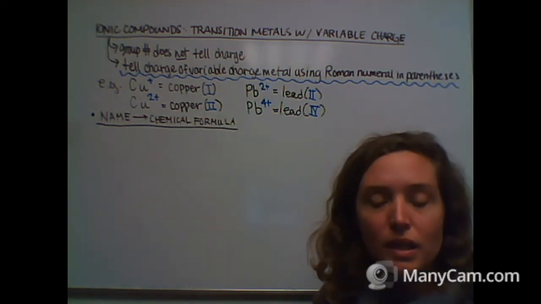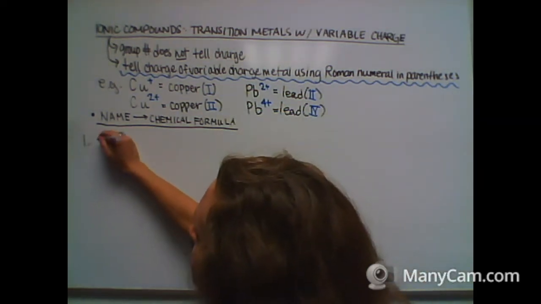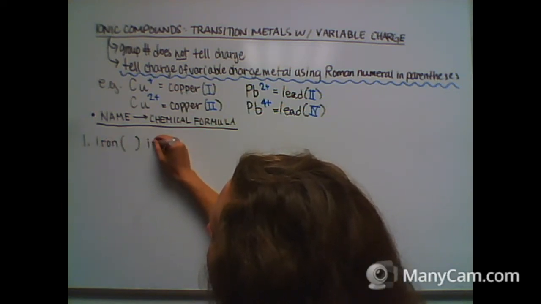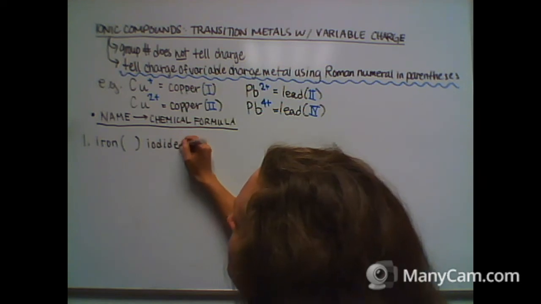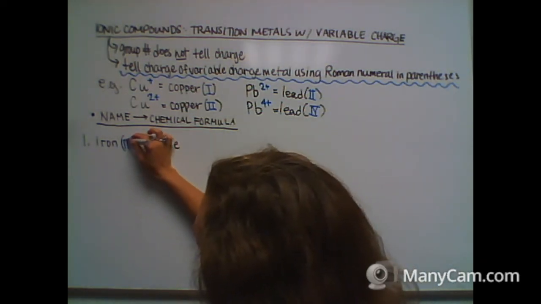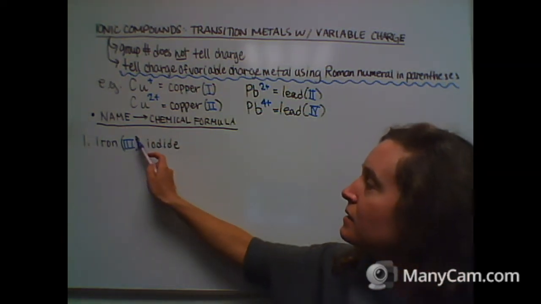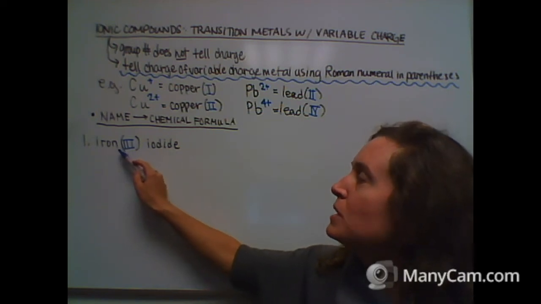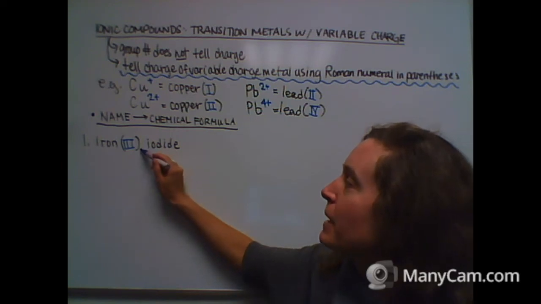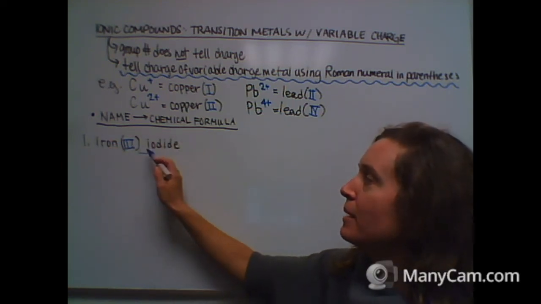All right. So, for example, iron 3 iodide. By the way, when we write these names, there's no space in between the Roman numeral and the first cation name, but there is a space in between the cation name and the anion name.